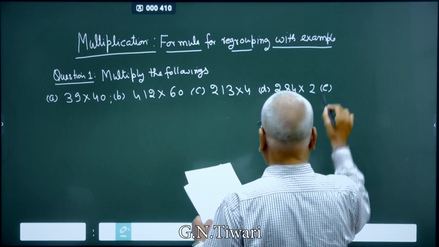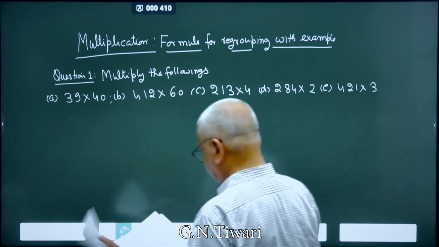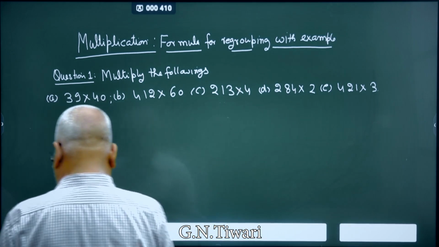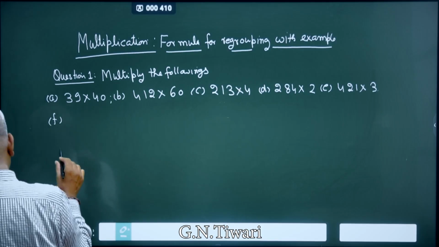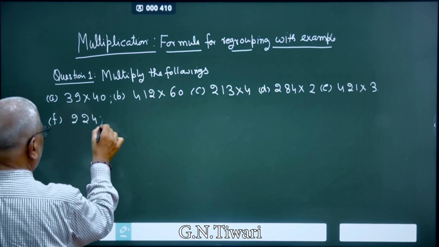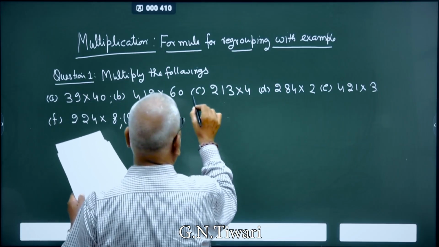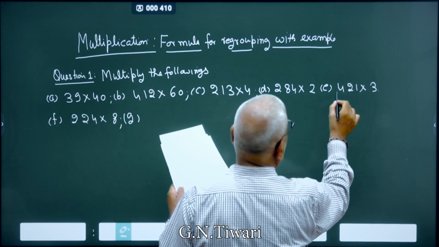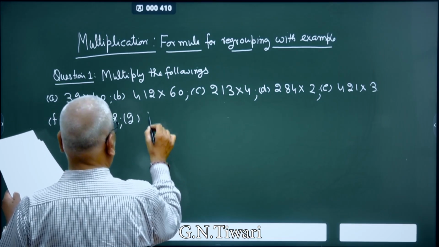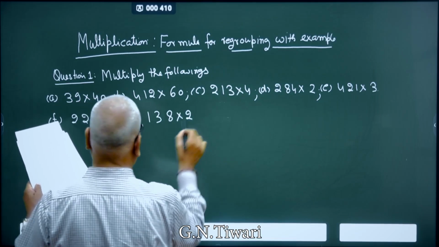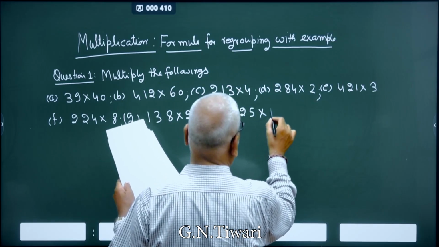E: 421 into 3. F: 224 into 8. G: 138 into 2. H: 125 into 13.